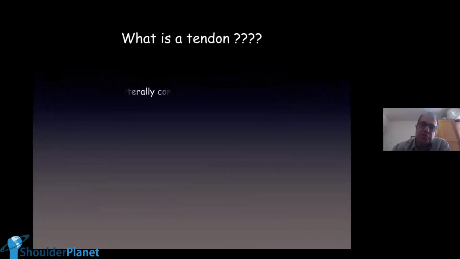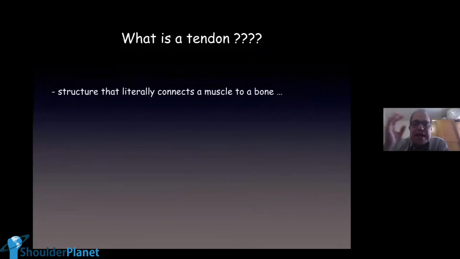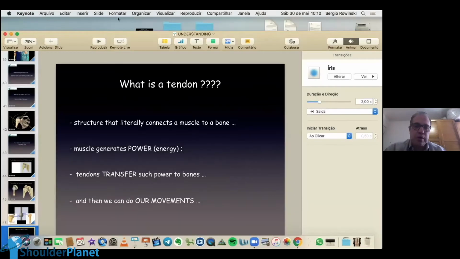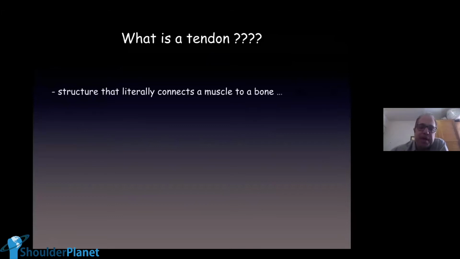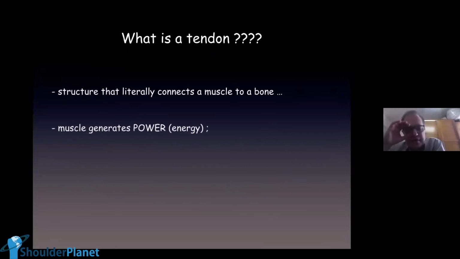And first of all, what is a tendon? So let's understand what is a tendon. The tendon is a structure that literally connects a muscle to a bone. So let's understand the idea.